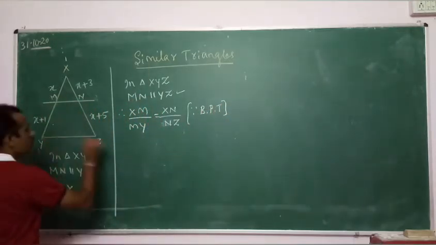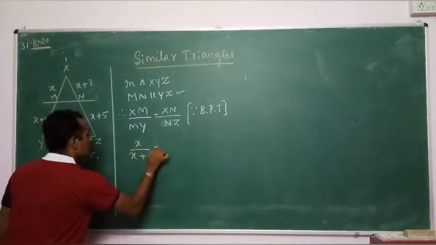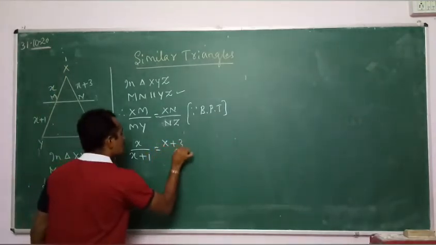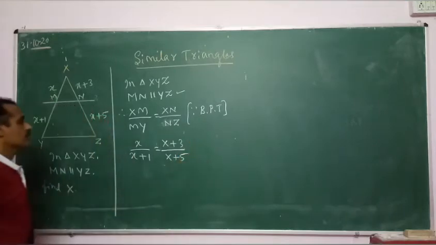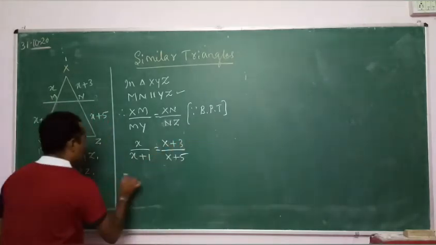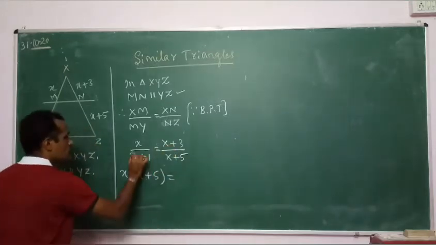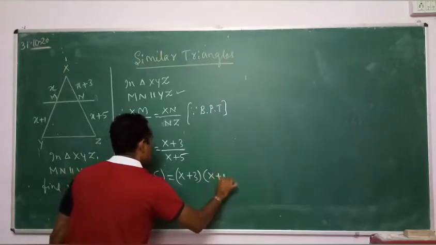Come on, substitute कर दो. x divided by x plus 1 is equal to x plus 3 divided by x plus 5. Right? Cross multiply. x into x plus 5 is equal to x plus 3 into x plus 1.